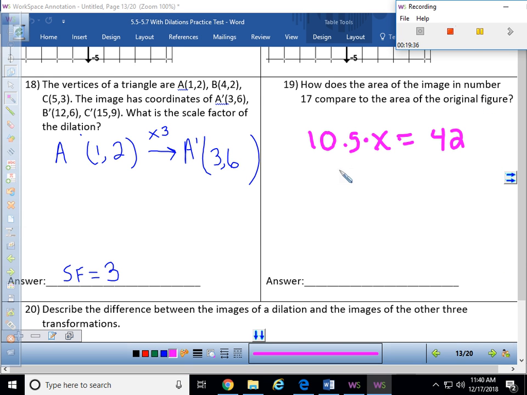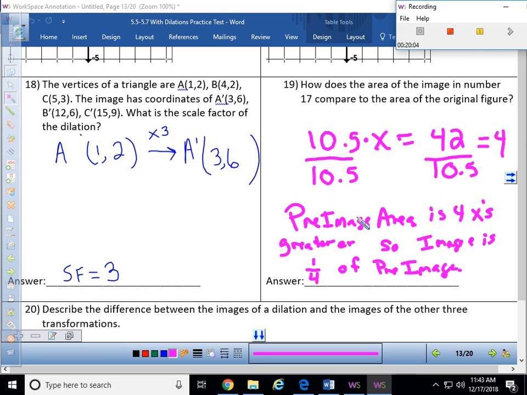Well, before we make a fraction out of it, I just kind of said, okay, 10.5 times what scale factor equals 42? So what factor of 10.5 equals 42? And again, like we said before, we'll just divide 10.5 both sides, and let's see what we get.